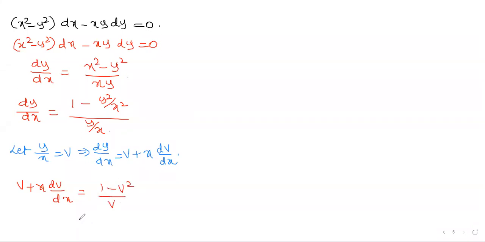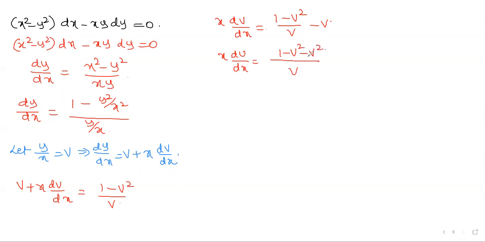So if you take this v here, it becomes x into dv by dx is equals to (1 minus v square) by v minus v. So x into dv by dx is equals to, with v as the LCM, (1 minus v square minus v square) by v. So x into dv by dx is equals to (1 minus 2v square) by v. So if you take this value here, v by (1 minus 2v square) dv is equals to dx by x.